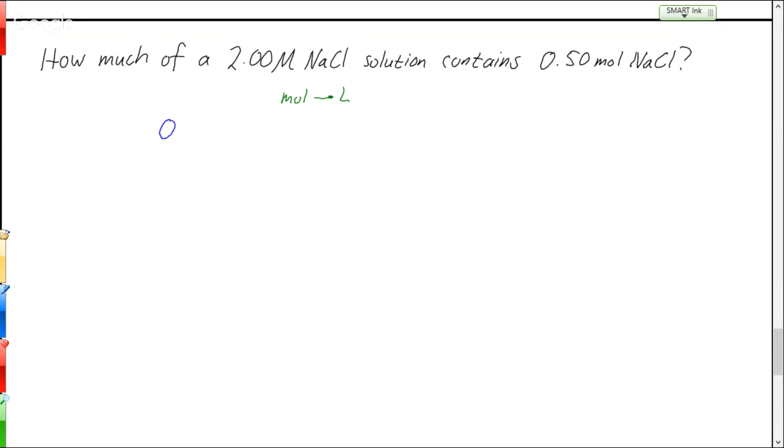So we can say 0.50 moles of sodium chloride, and then we're going to multiply that by a factor that cancels moles and gives us liters.